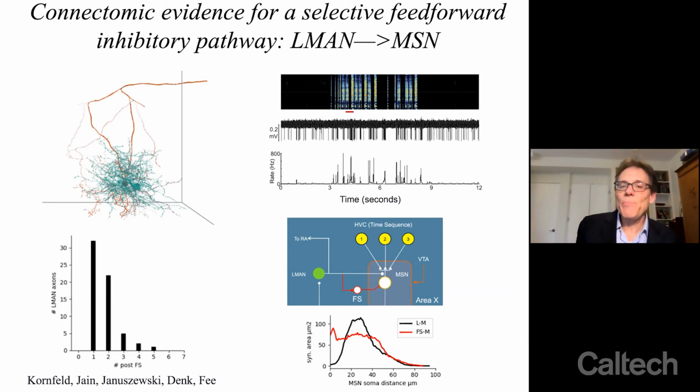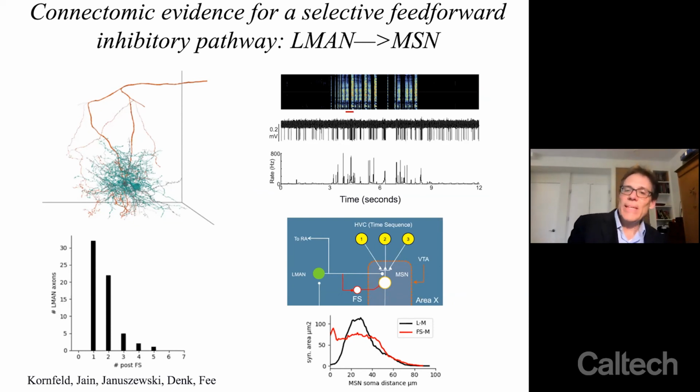And finally, Jürgen analyzed the spatial distribution of L-man and FS synapses onto MSNs, and he found that the feed-forward inhibitory synapses from FS neurons are significantly biased toward the soma compared to inputs from the excitatory L-man axons, which avoid the soma and preferentially target dendrites, as I have been hinting at in this circuit diagram.